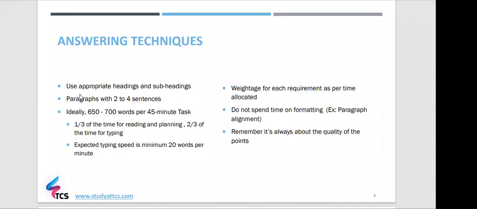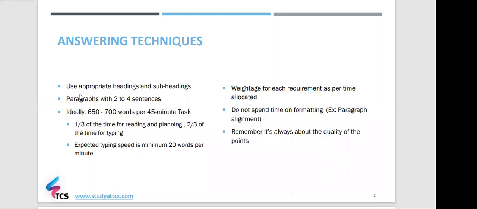So the examiner encourages you to use headings and subheadings. For each subtask, you are supposed to come up with a heading. And if you want to further subdivide your answer, then you are encouraged to use subheadings. The headings should be in bold and underlined format, and subheadings should be in bold format.